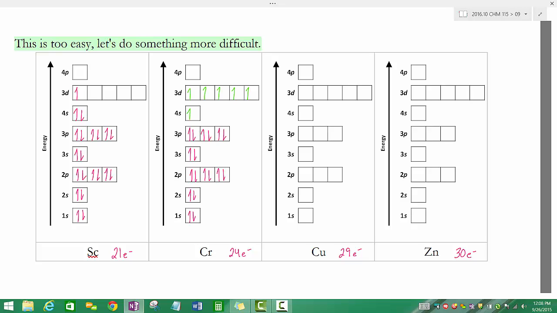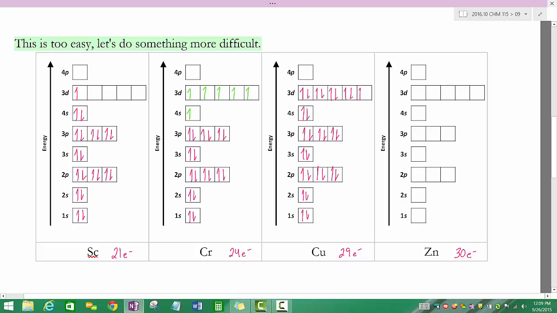Let's go ahead and take a look at copper. So again, this is the copper you might expect to see, but it's not the copper that we see in nature.